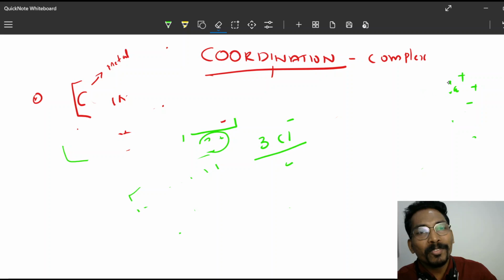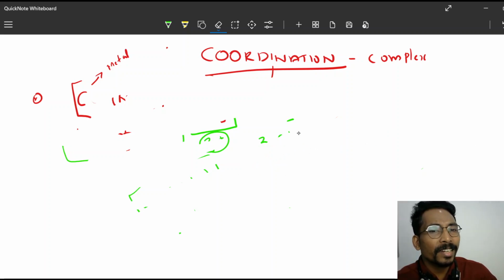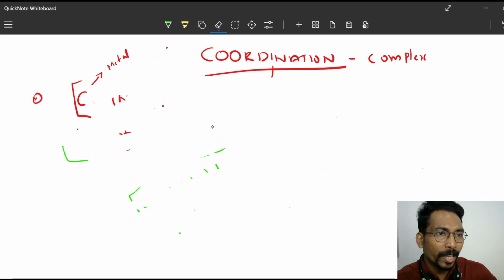Everything should be very perfect. Without this knowledge, you can't name a coordination compound, like the organic chemistry naming pattern, same thing. So we can do the next example.